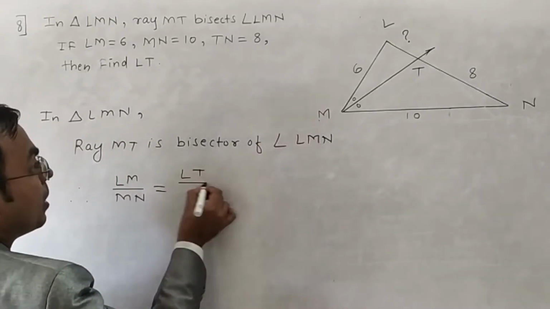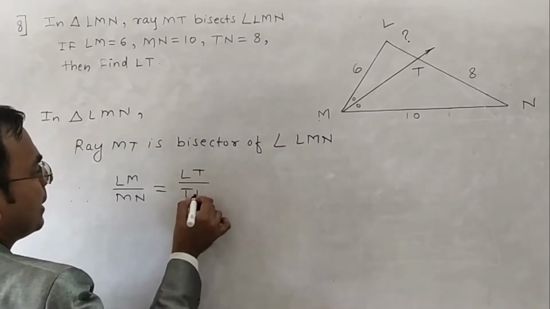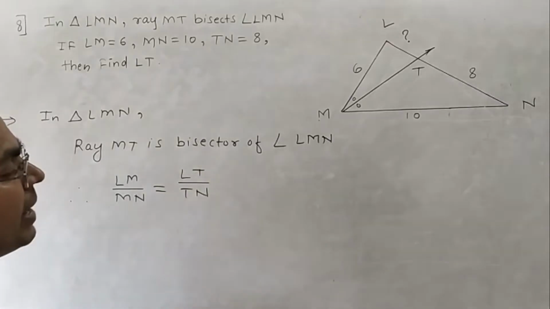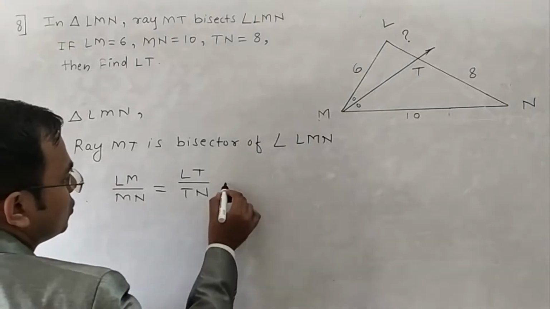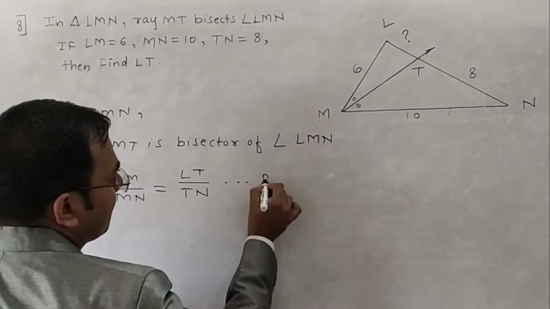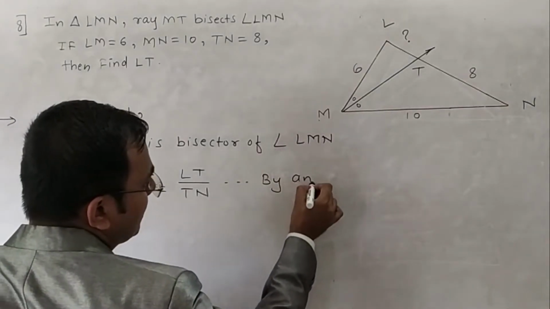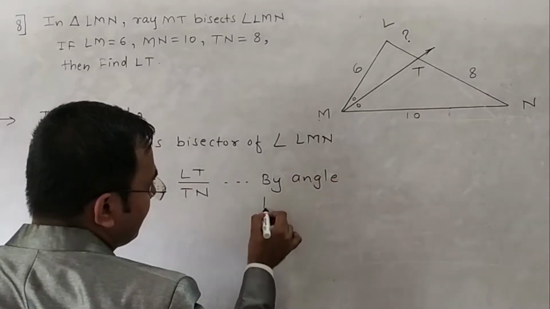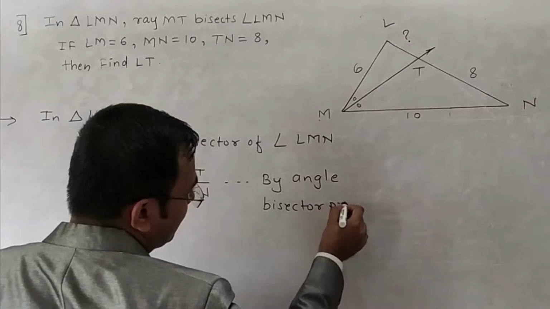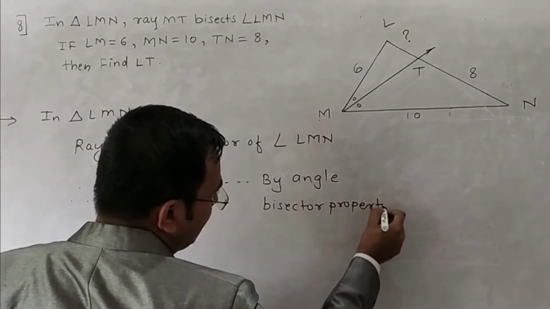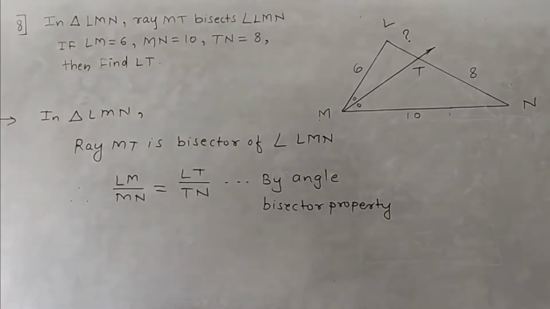By angle bisector property, we can write this. So write down here, by angle bisector property.